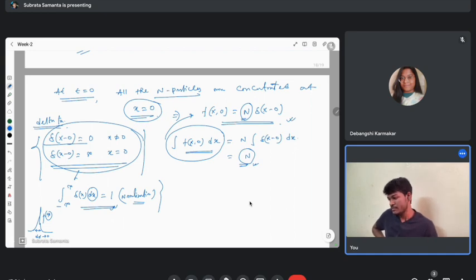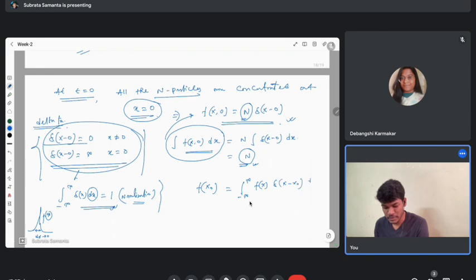Also, we write f(x0) equals the integral from minus infinity to infinity of f(x) delta(x minus x0) dx.